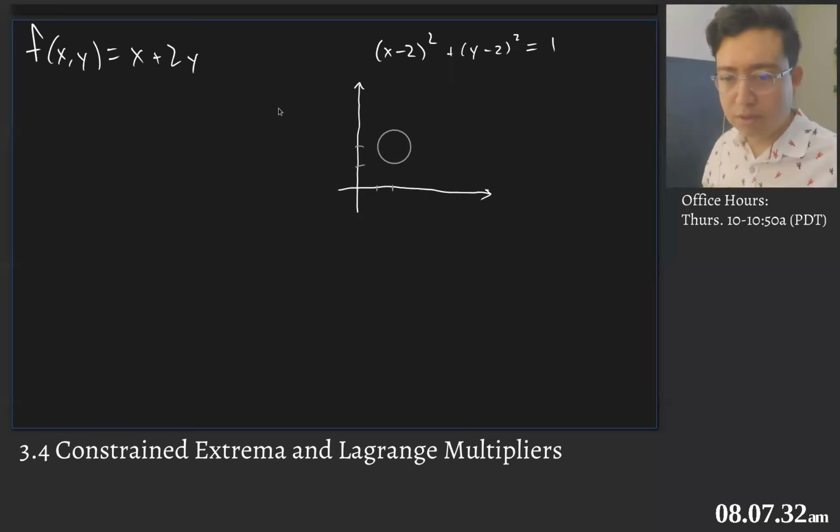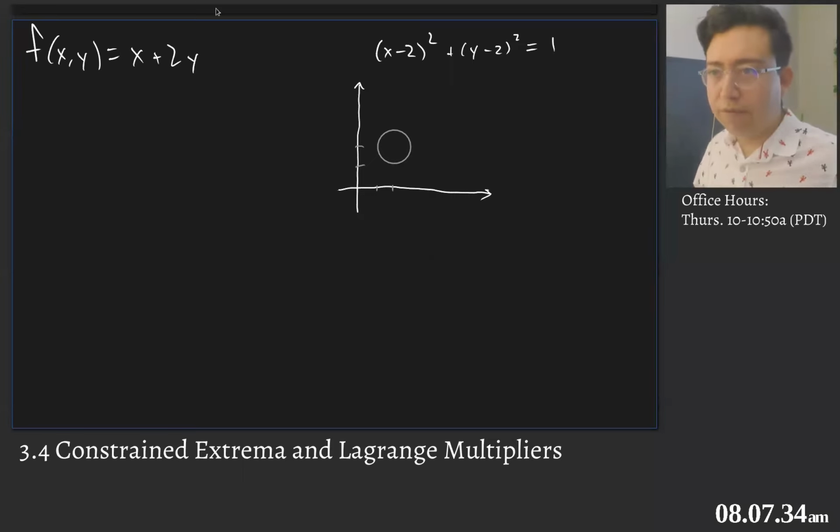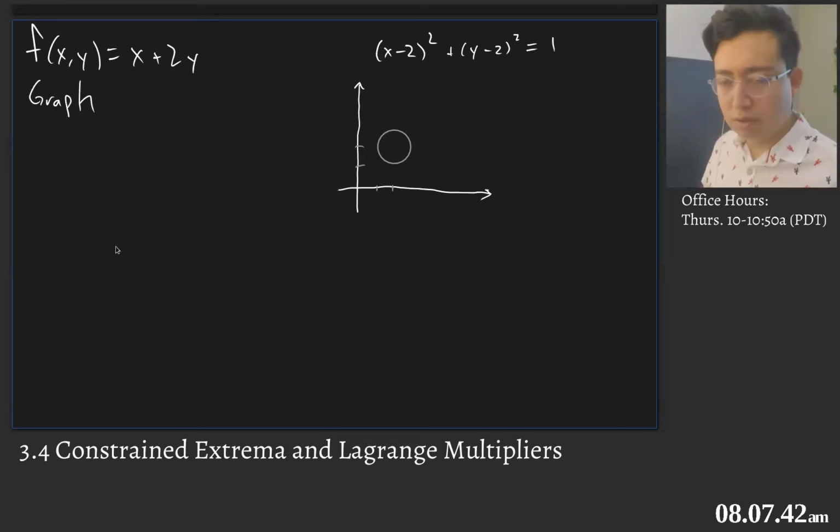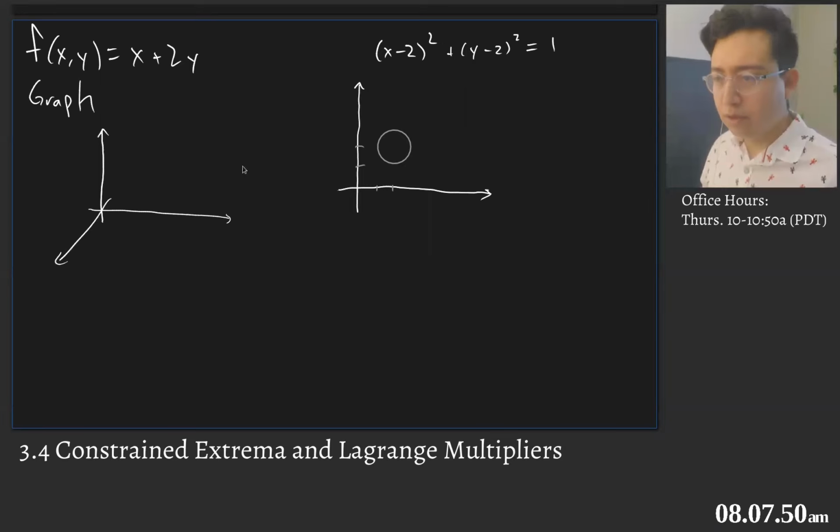Any takers? The graph of this function, right? So you have your x and your y and your z. It's going to be, and I'm going to do my best to draw it, but you can also type it into GeoGebra, you get a plane.